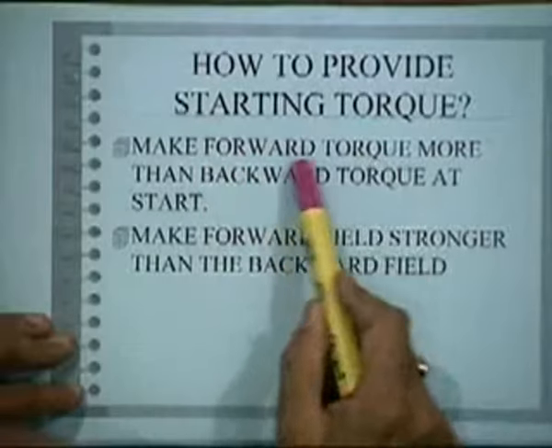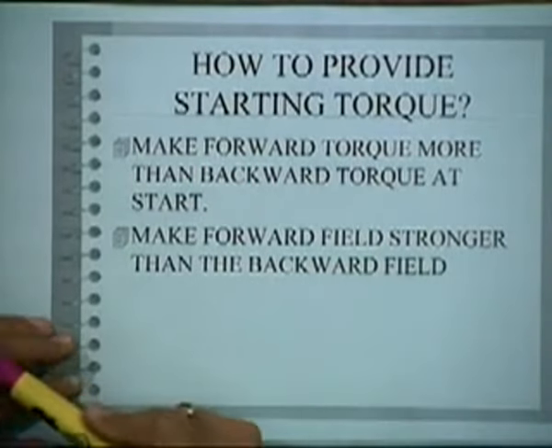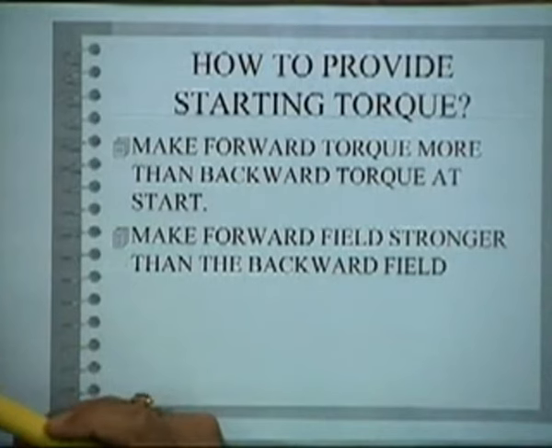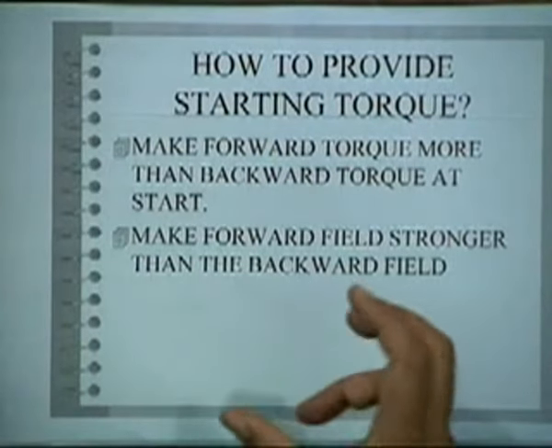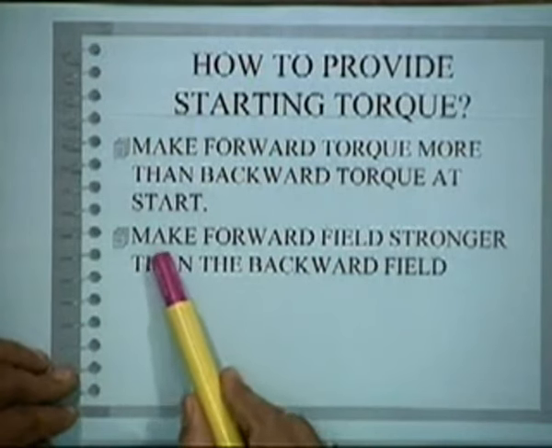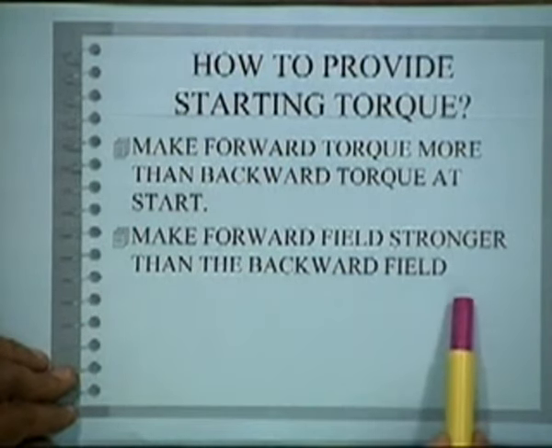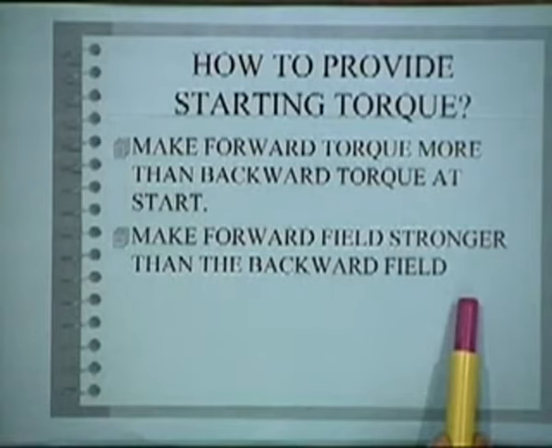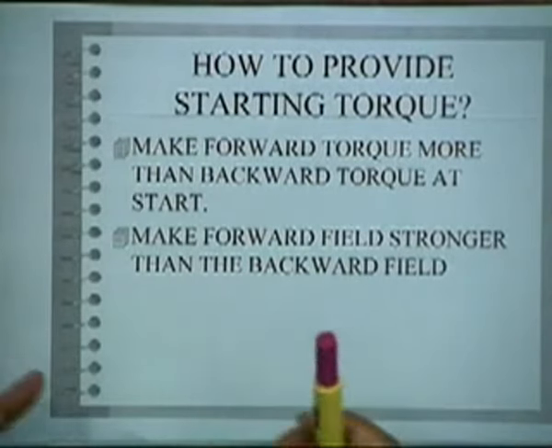I mean, the question is, how do you provide this starting torque? Okay. Now make forward torque more than the backward torque at start. All you have to do is somehow give more forward torque than backward torque. That means make the forward field stronger than the backward field at start. At speed 0, somehow make the forward pole stronger than the backward pole, and then it will give a starting torque.